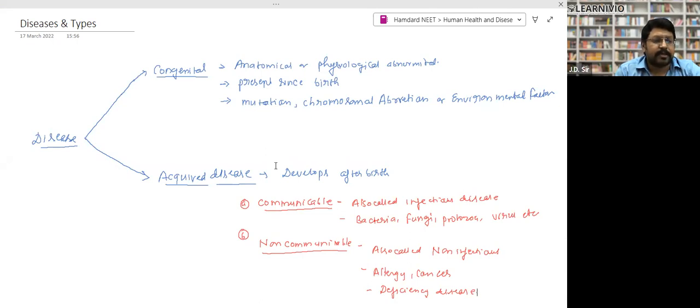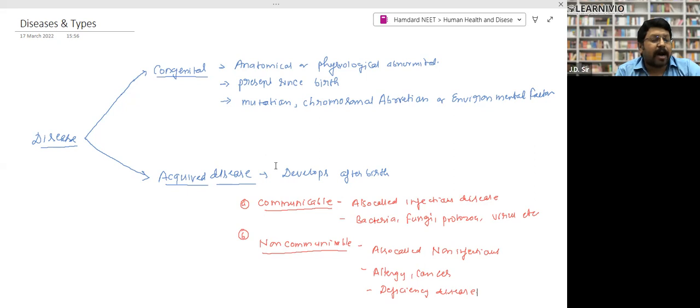There may be a chance that during fetus development a hand has not developed. That is a congenital disease. Physiological abnormality: a person is absent minded, or the development of the brain has not taken place due to some developmental abnormality.